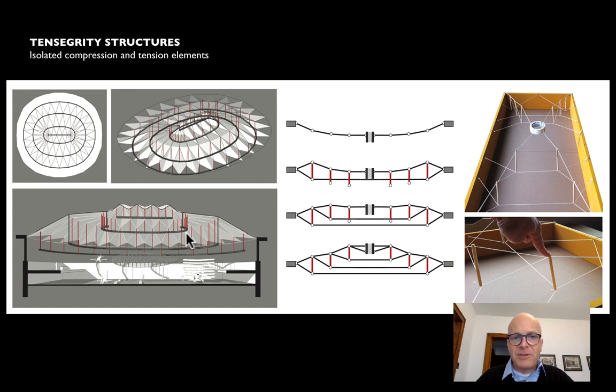You can see these are very, very lightweight, also very easy to assemble. You start with a single suspension cable, and then you gradually attach the compression elements to nodes in the cable until you're able to build up the center of the roof. And once in place, once everything is triangulated, this is fixed.